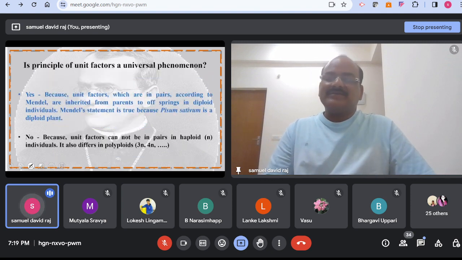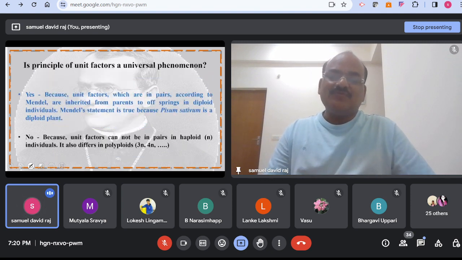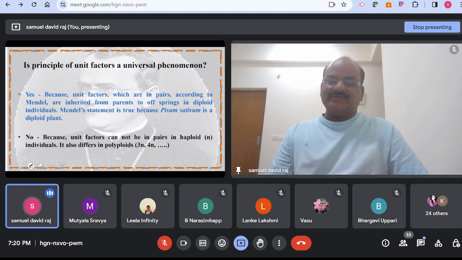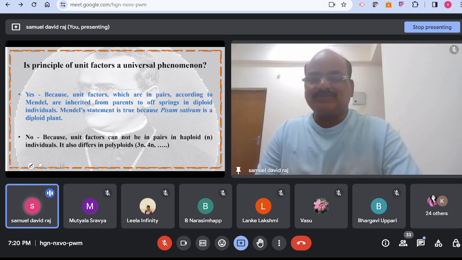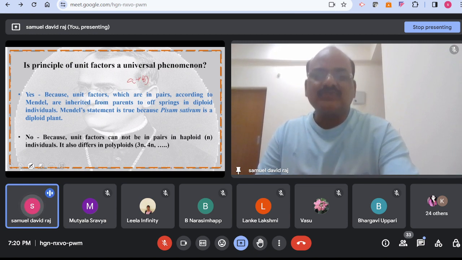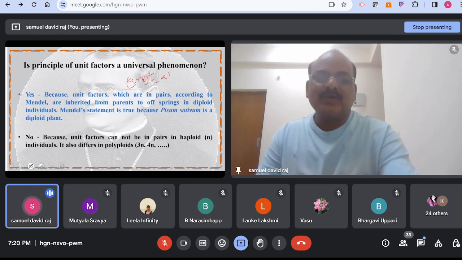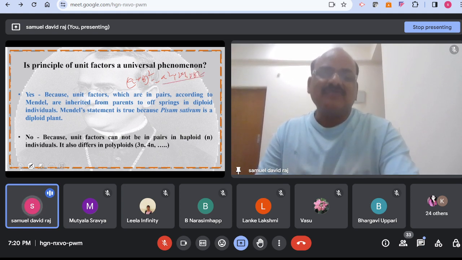So, let us critically review the four Mendelian principles, or the two Mendelian laws. Let us first discuss the principle of unit factors. Whenever someone says (a+b) whole square is equal to a square plus 2ab plus b square, this is the formula and this is the theory.